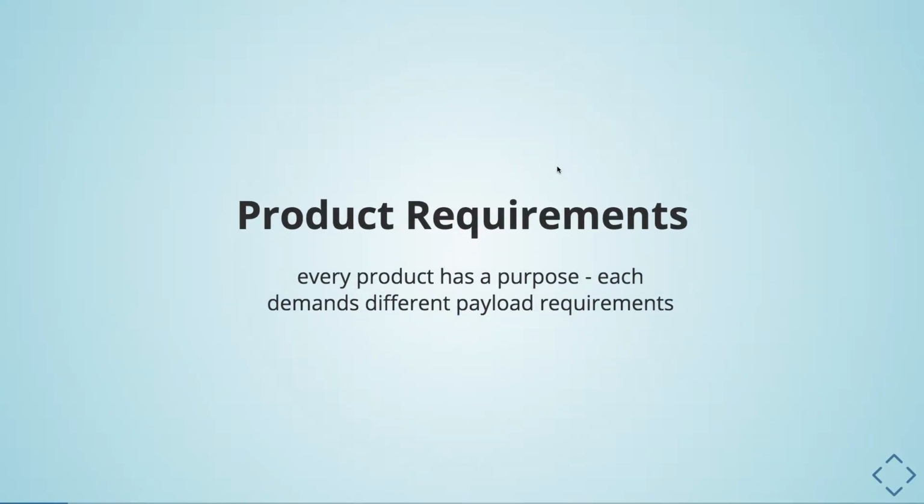Like the requirements of the product, it exists for a reason. It's going to have some payload requirement. Then there's providing the user experience around that. If you create something to do something, but you're not doing it well, you're not actually achieving the goal of having this product. So having a good user experience is going to take some payload.